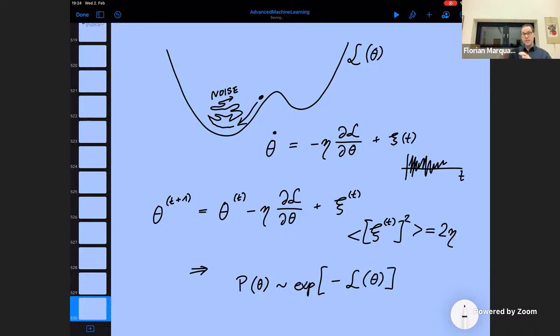And it's even independent of eta, if we choose the noise in just the right way, like shown here.